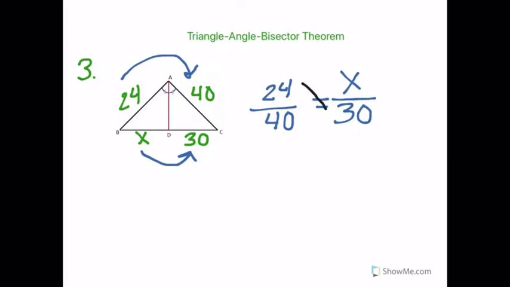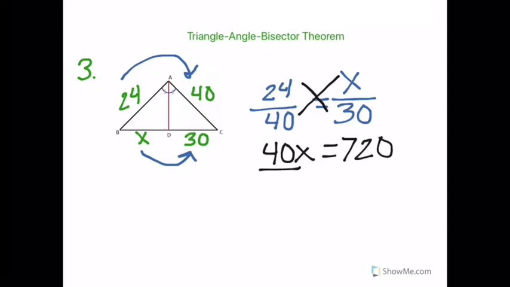Cross multiply. 40x equals 24 times 30, which is 720. Divide both sides by 40. X equals 18.